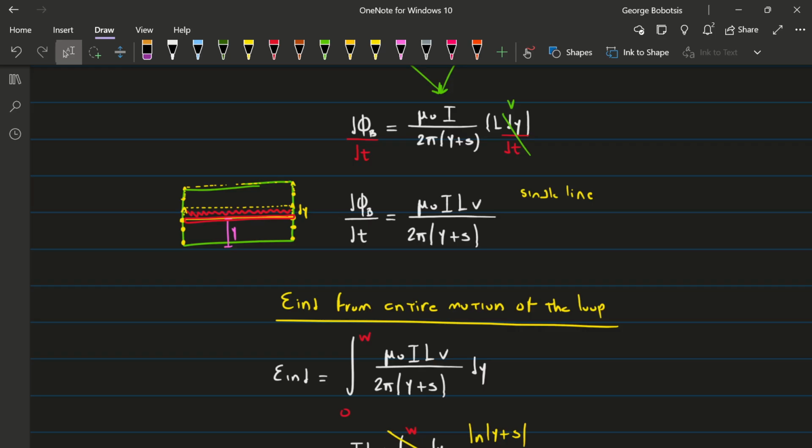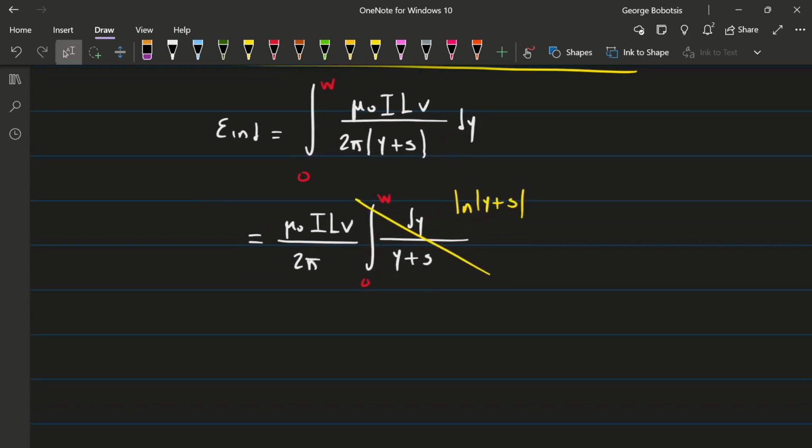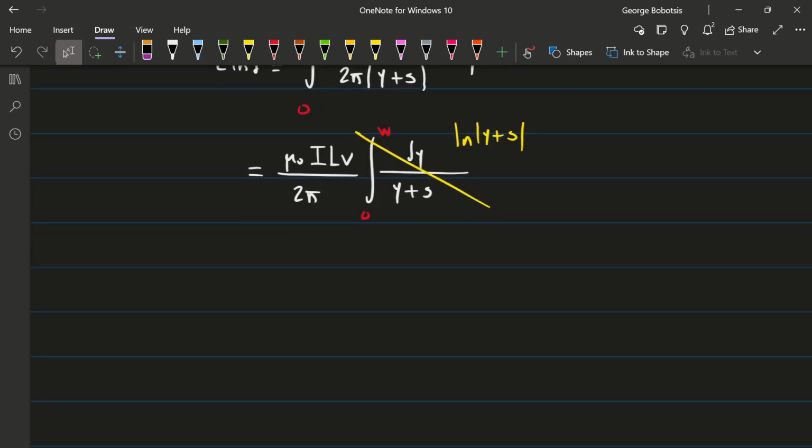So, yeah, definitely not the easiest problem to start you off with. But once you carry out the integral over the y, you cover all these possible lines that could go north. You get a logarithm out of this, and at the end of the day, your EMF should be looking, if I plug in the bounds, let me see here, mu naught ILV over 2 pi.